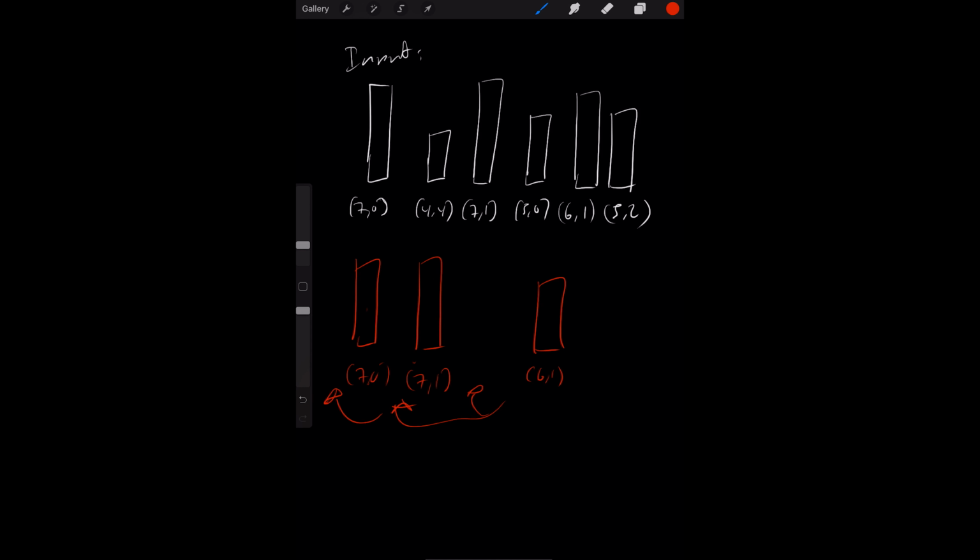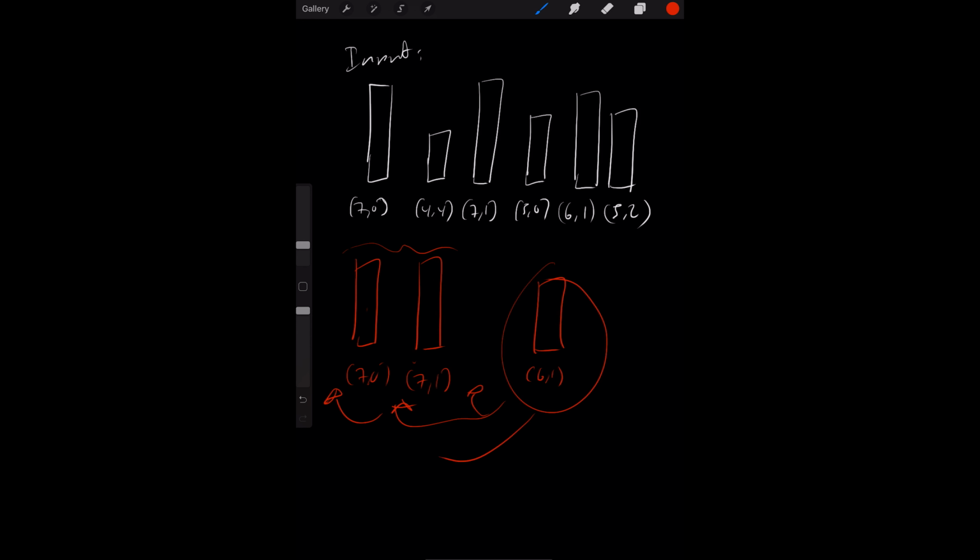You could put the short people wherever you want, and it won't affect the order that we put for the tall people. Once we've put the tall people, the order is already good, and no matter how many short people you put in front of them, the order will still be correct. Because as long as the tall people are ordered correctly, whatever you put in between them doesn't mess up their ordering. So the only thing we need to sort is the guy with 6, 1, the shorter guy.